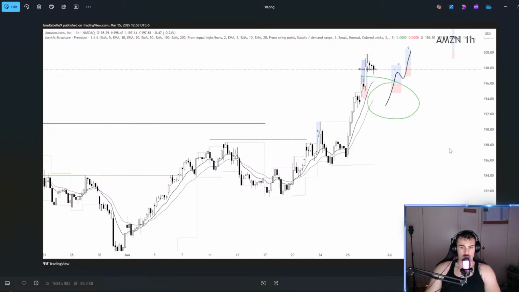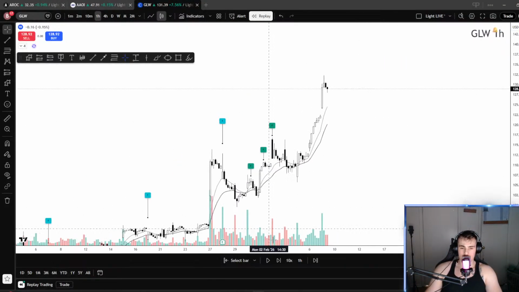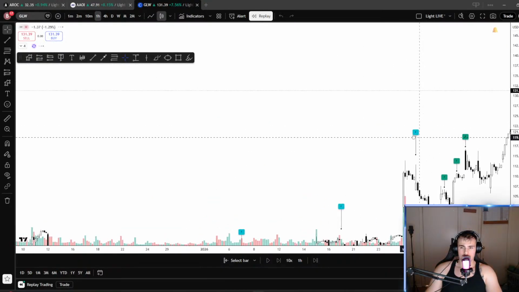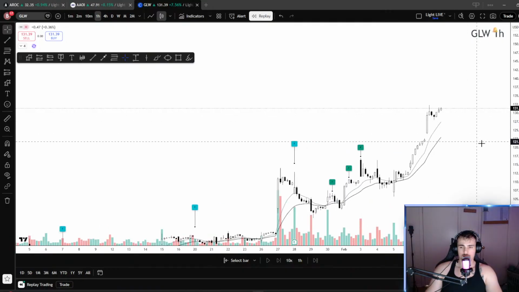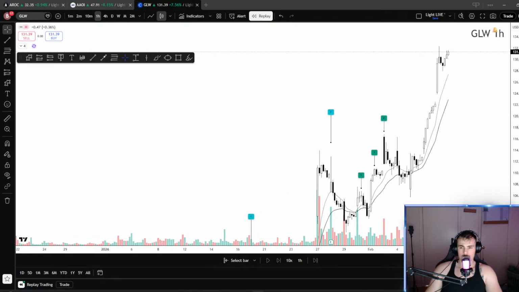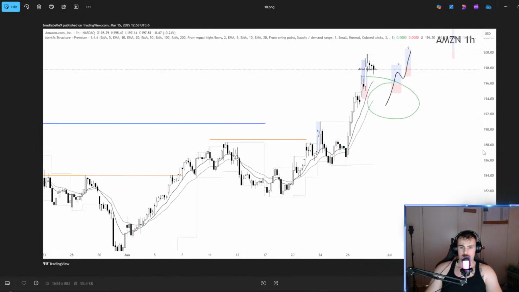So we looked at this one. So yes, it does come down and touch the 10 moving average and then takes off. So we've looked at 6 trades so far where not one of the trades that won looked something like this. This one is over here.